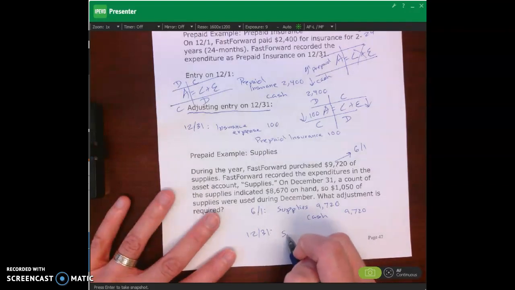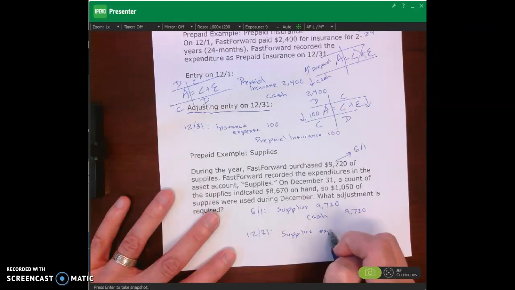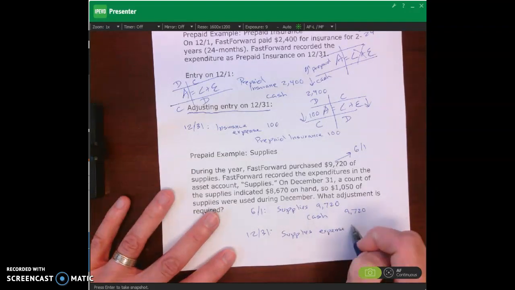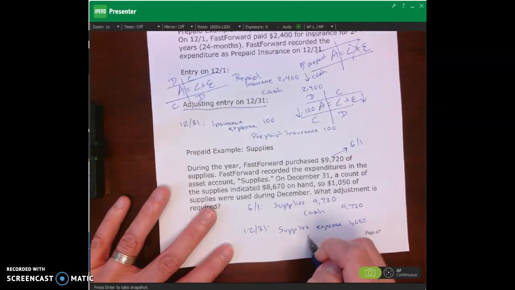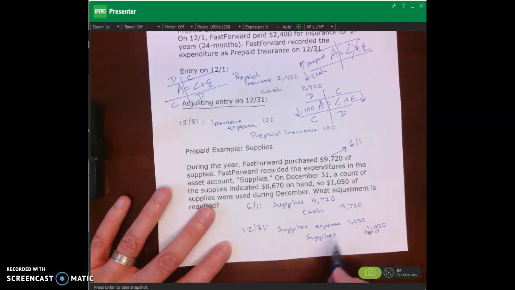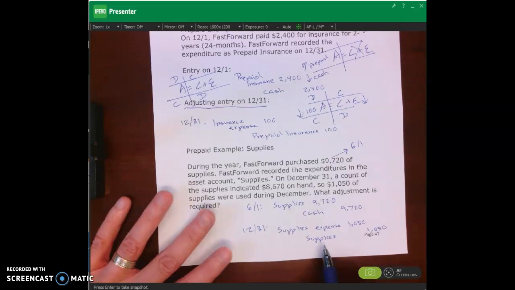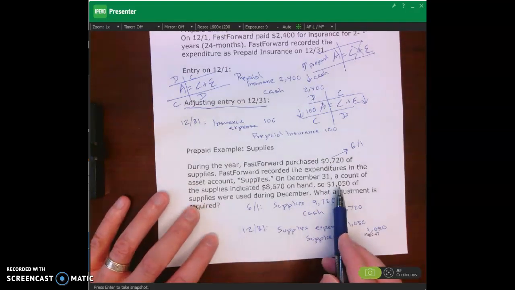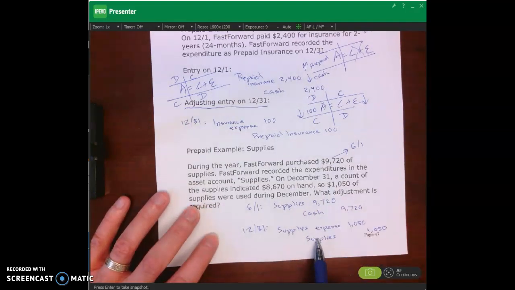We would debit supplies expense for 1,050, and then we would credit supplies, the asset, for 1,050. Crediting the supplies, the asset, then recognizes that we have used 1,050, because crediting an asset means it's going down.